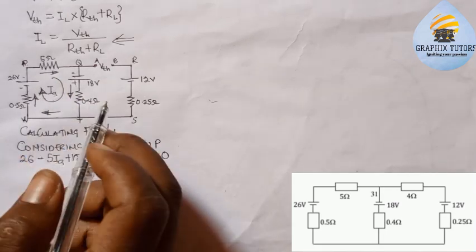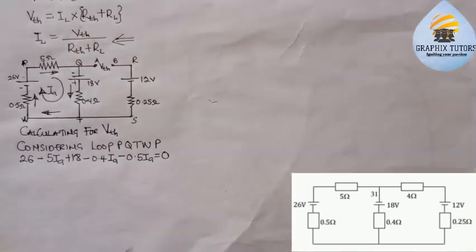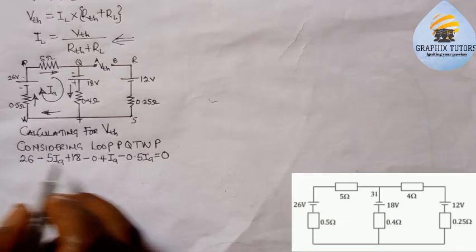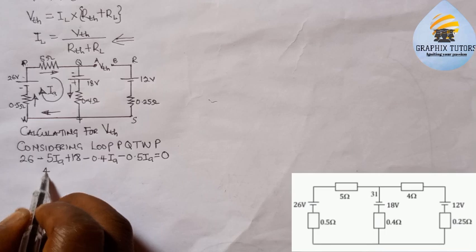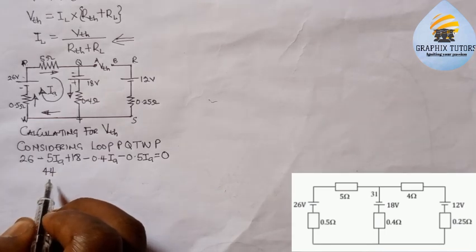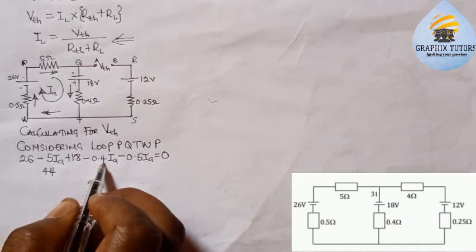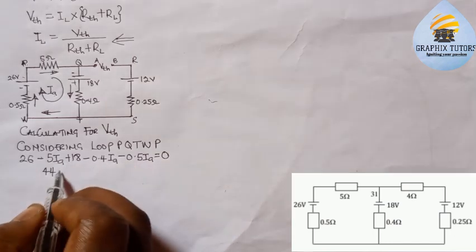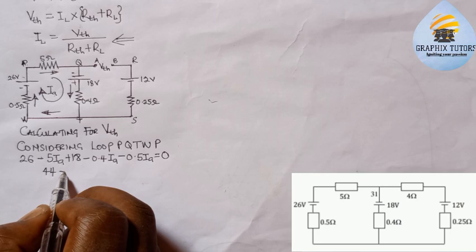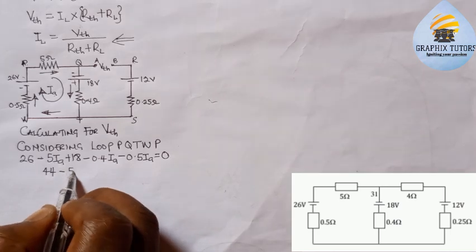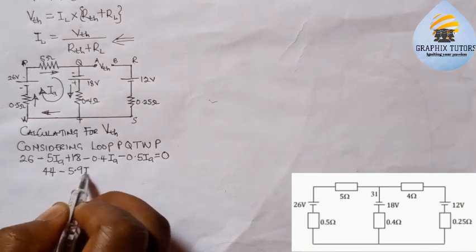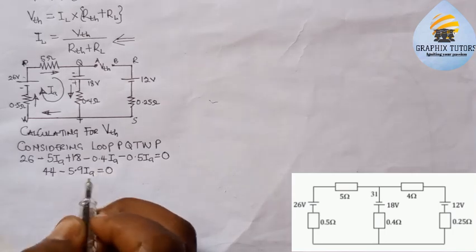I can use IB or anything, but this loop is represented by the current flowing through, which we'll say is IA, right? Now, if you look at this closely, we'll collect like terms. 26 plus 18 will be 44, right? Then minus 5IA minus 0.4 IA minus 0.5 IA will give minus 5.9 IA equals 0.